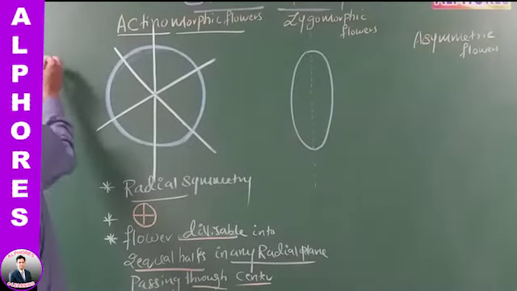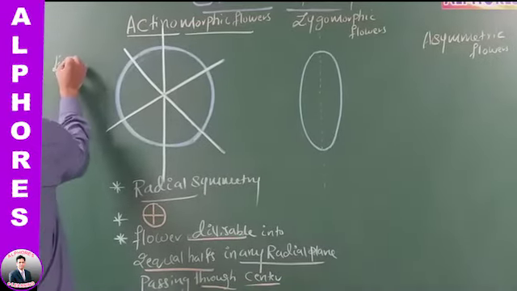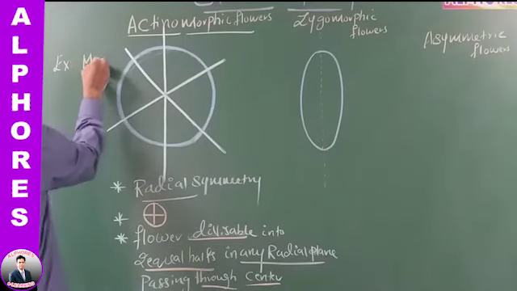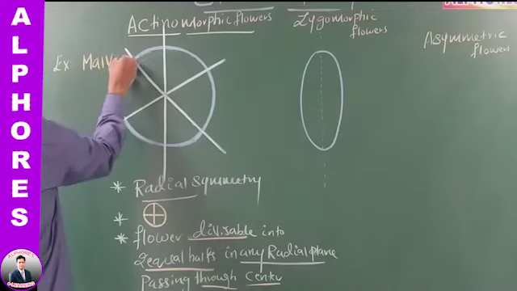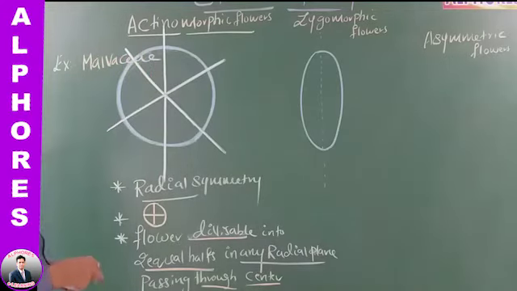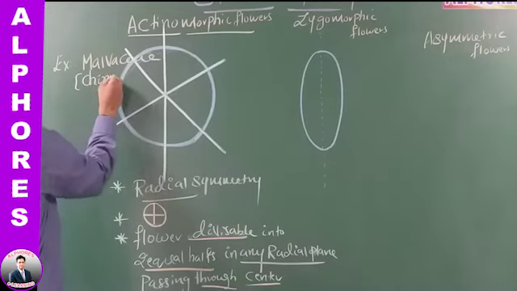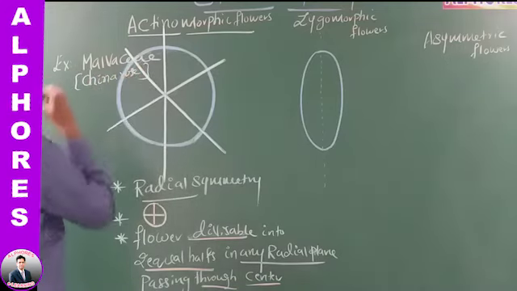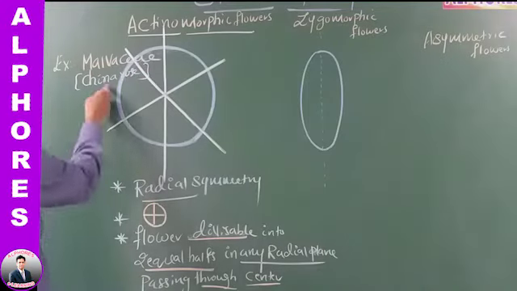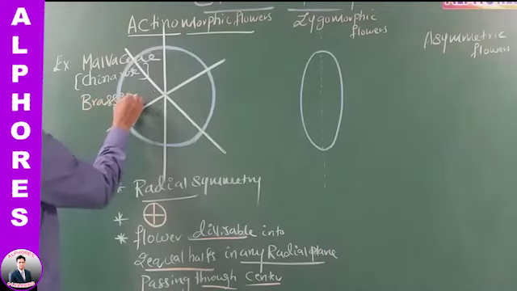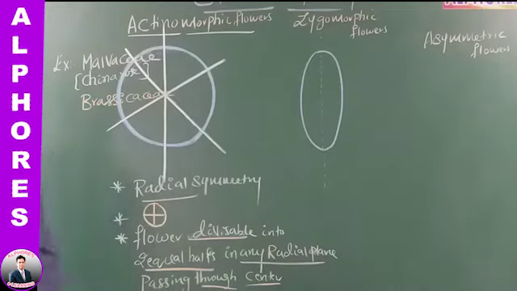Go for examples of actinomorphic flowers. First one, Malvaceae family. For Malvaceae, I am writing the example, China rose. Second example for actinomorphic flowers, Brassicaceae family.